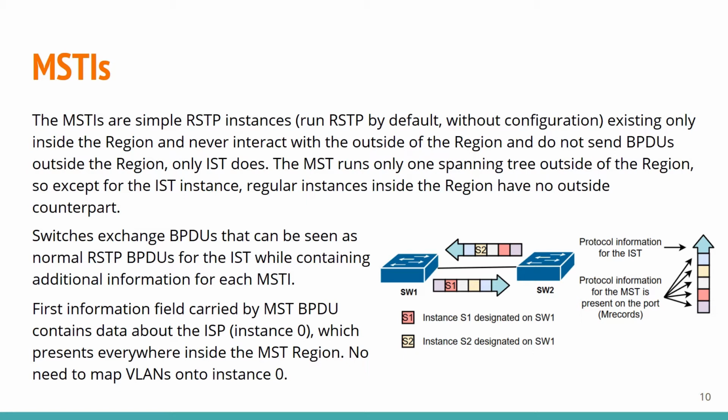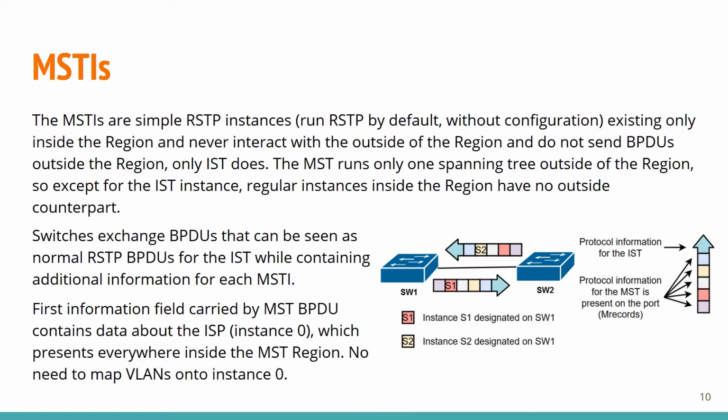Switches exchange BPDUs that can be seen as normal RSTP BPDUs for the IST while containing additional information for each MSTI. The first information field carried by the MST BPDU contains data about the IST instance 0. So we can see in this BPDU we have the first information field which is carrying information about instance 0, or MST 0.